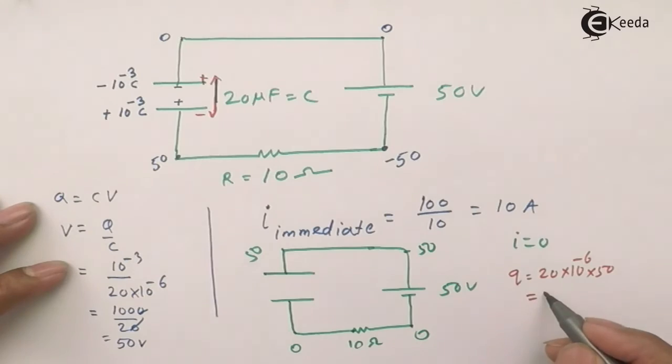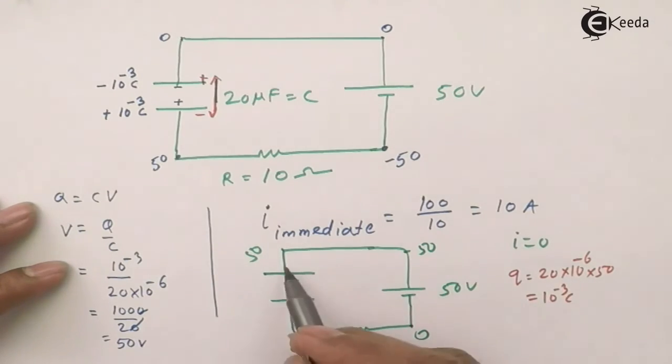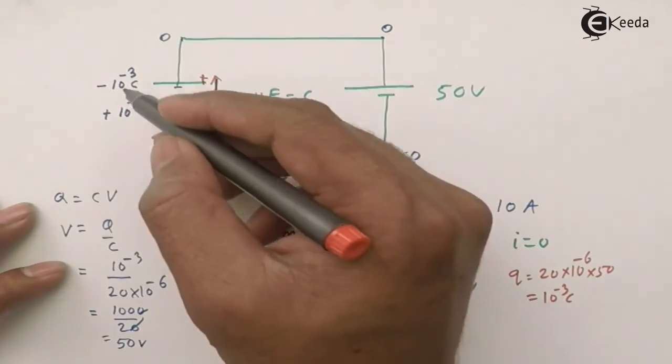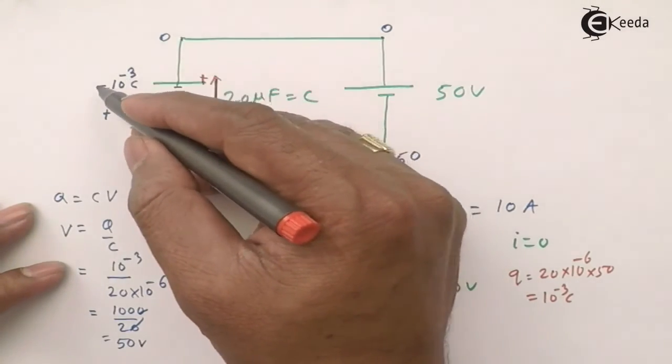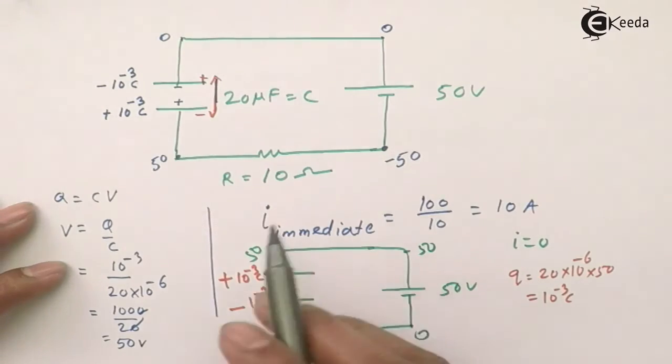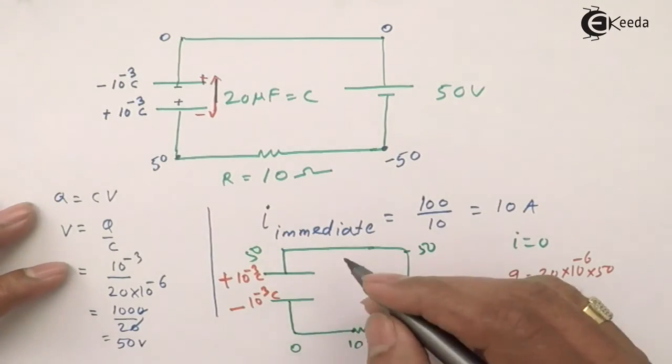1000 micro is 10 raised to minus 3 coulomb. This is plus and this is minus. So earlier it was minus 1 millicoulomb here, and here it was plus 1 millicoulomb. So how much has flown from the battery?